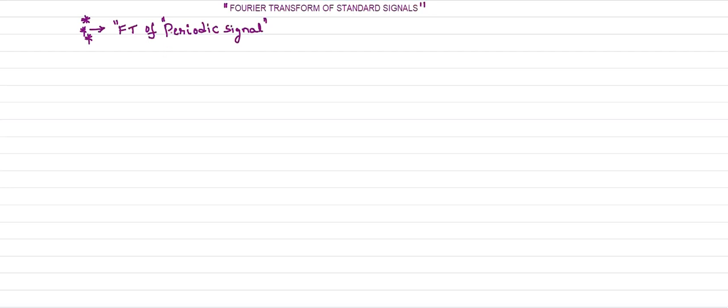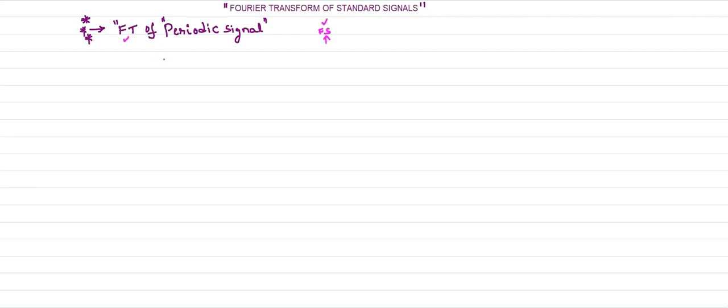Now, to find out the Fourier transform of the periodic signal, first you should know the periodic signal and how we express this periodic signal. All of you already know the Fourier series, the complex exponential Fourier series expansion. The Fourier series is always used to represent a periodic signal.